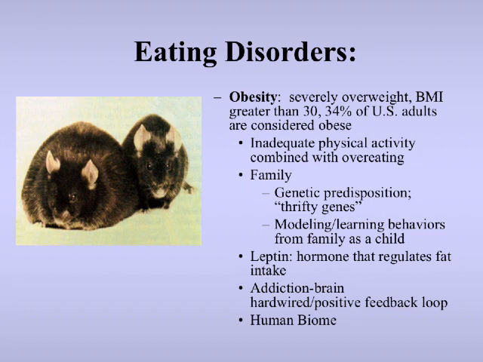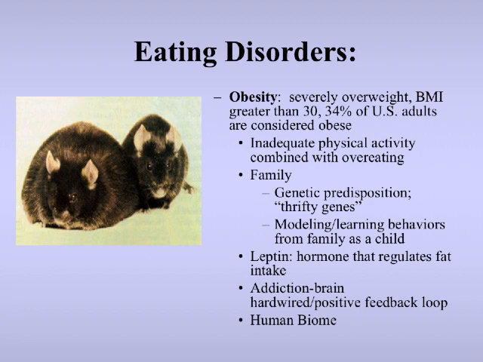Other explanations that we've looked at include family. What impact does family have on obesity? We do see that there seems to be a genetic predisposition. Obesity seems to run in families. So one theory looks at genes, particularly these genes called thrifty genes.